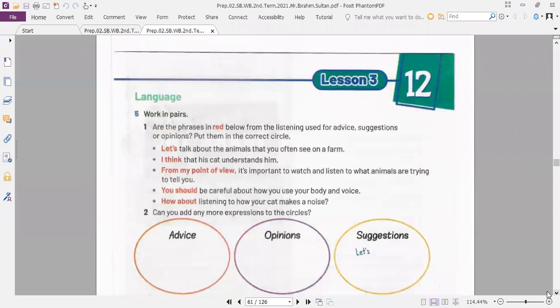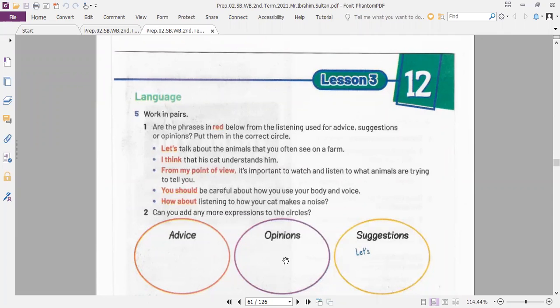Yes. We have here some expressions in red, like let's, I think, from my point of view, you should, how about, okay? And we have to divide these expressions into advice, opinions, and suggestions. For example, if I say let's, where can we put let's?